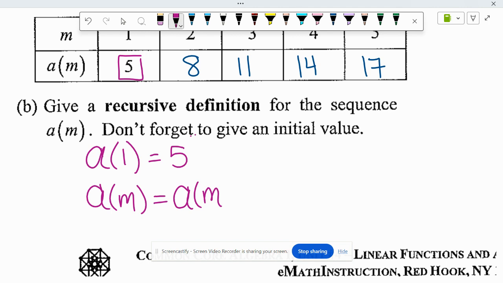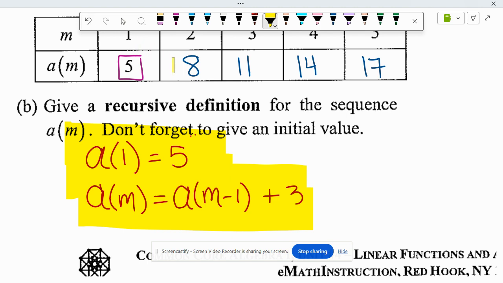How do I show the one that came before m? I do m minus 1. Yeah. And what are we adding each time? 3. This is the recursive definition. It has to have the first term and then that function, like you write it as a function.